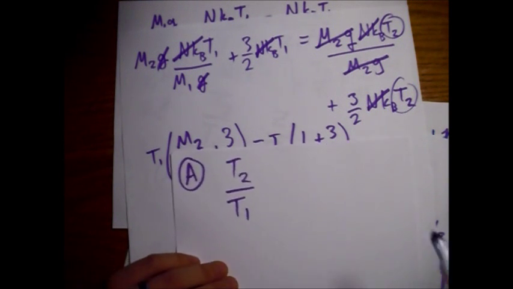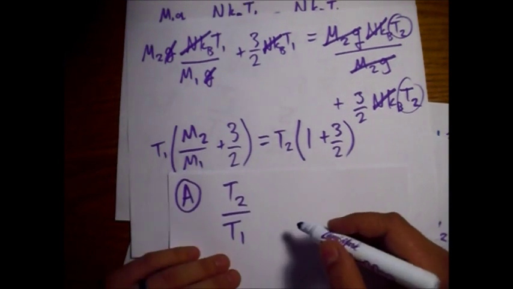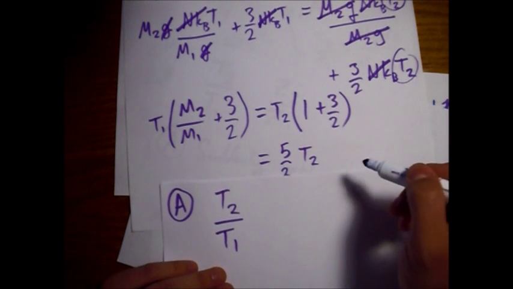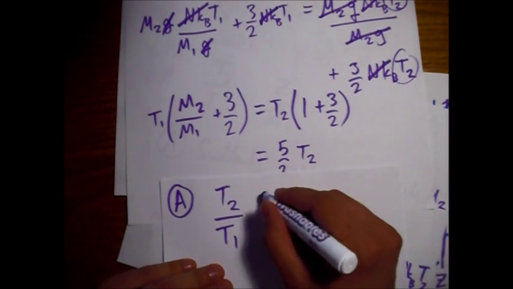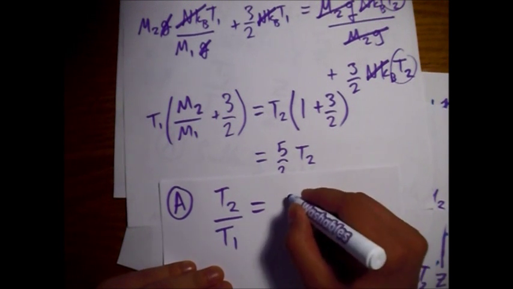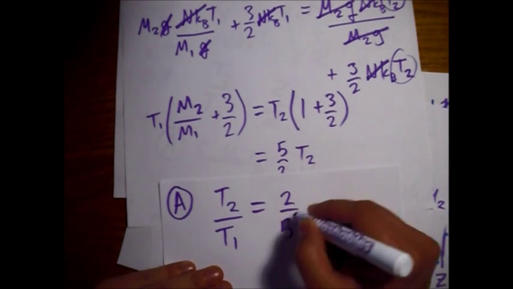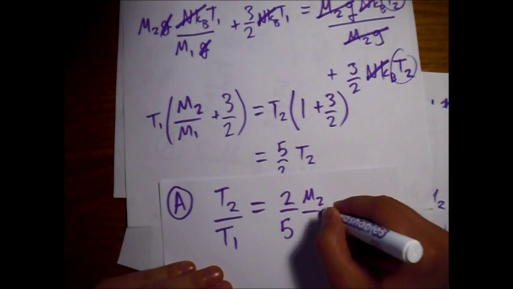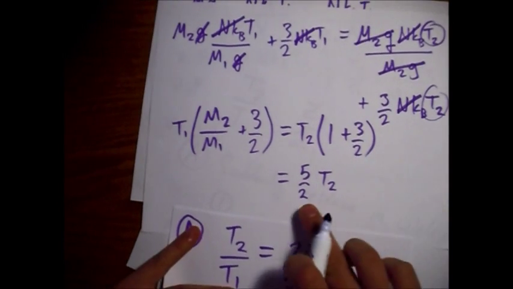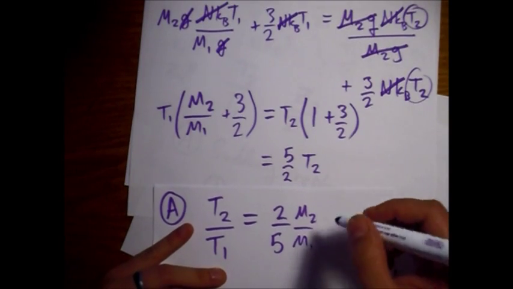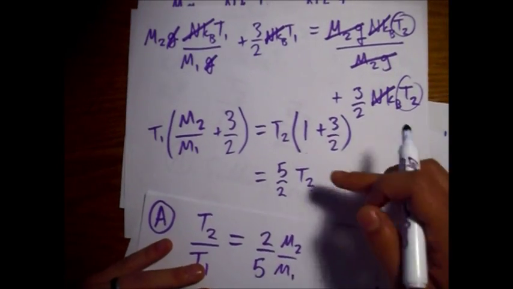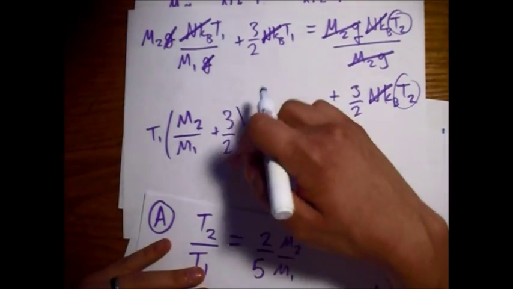Now we have a 2/5, and this is an M2 over M1, so we divide it over here. Then we get a 3/2 multiplied by 2/5.